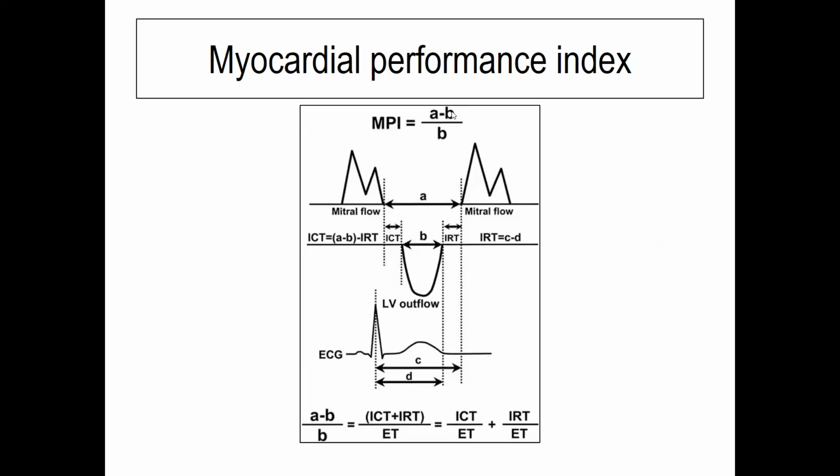A time minus B time, divided by B time, will give you the myocardial performance index. Normally it's about 0.45. Higher means poor LV systolic function. Lower means good ejection fraction. We will come back to it again and again. When I talk of LV function, I'll come back to this again.